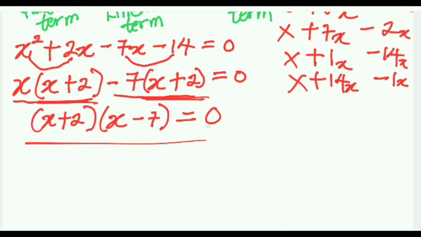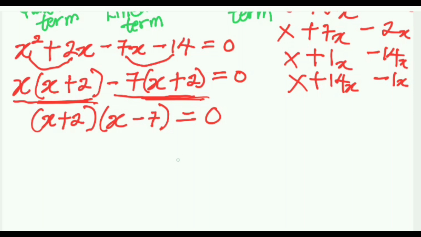When the product of two factors is equal to 0, that means one of the factors must have been 0. What I mean is, can you multiply any two numbers together and get an answer of 0 if none of the numbers are 0? Can you think of any number? I don't think you can.